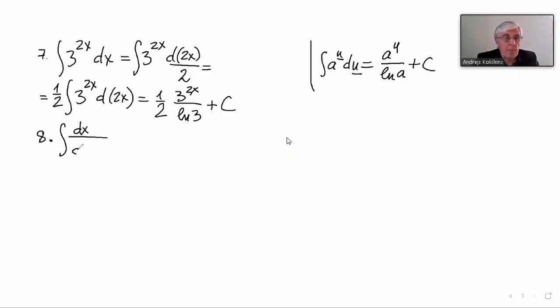Okay, and then this constant 1/5 can be written in front of the integral. So now everything is clear. So we have the same expression here and there, so that the right-hand side is 1/5 times sine 5x plus c. Okay.